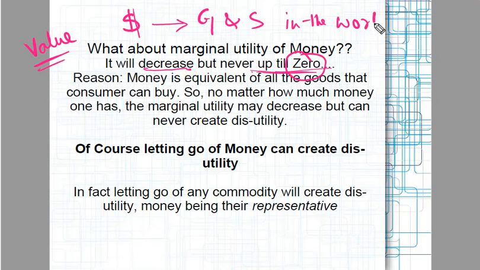That means all the goods and services, which means you can buy anything with that. It's freely exchangeable with any good or service you might want to consume. So utility will fall if you keep on consuming one thing and one thing only, but with money it won't really matter.